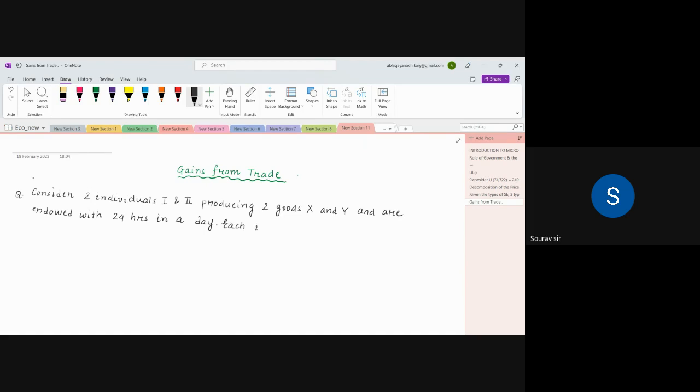Each individual's setup can be summarized as follows.